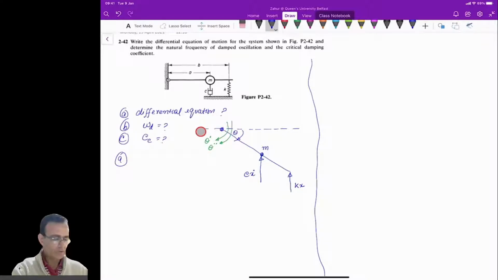So we know that, as we did in the previous case, because this angle is very, very small, x here is this distance here.